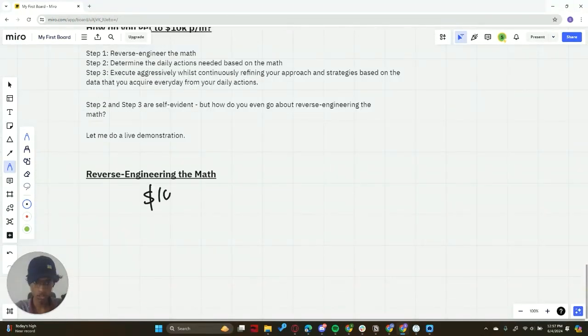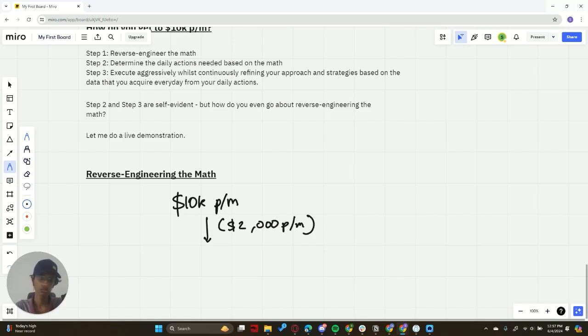So your goal is to make 10K per month. You have an offer that's at $2,000 per month, right? So that means you need 5 clients to get to 10K per month.